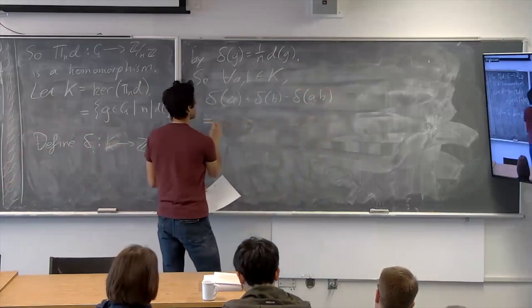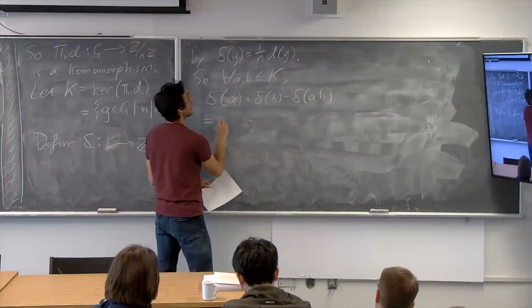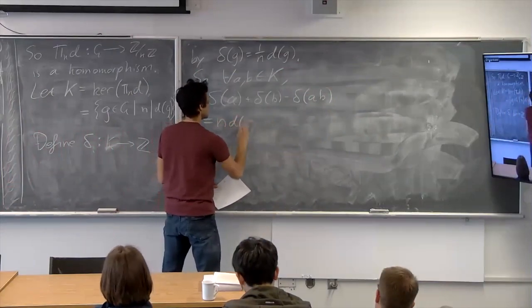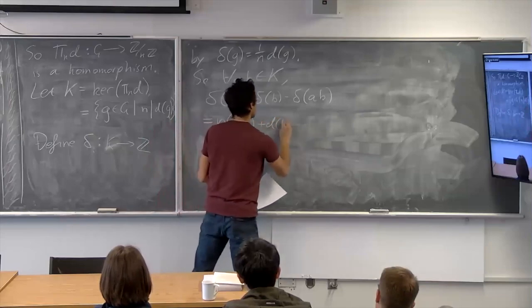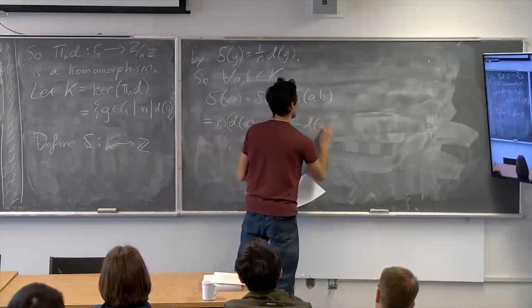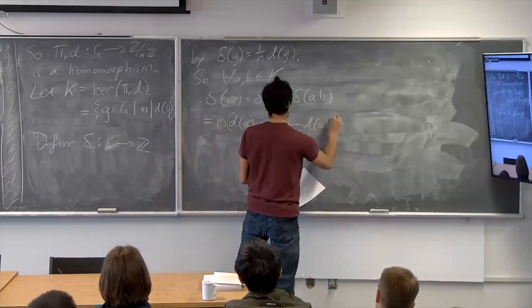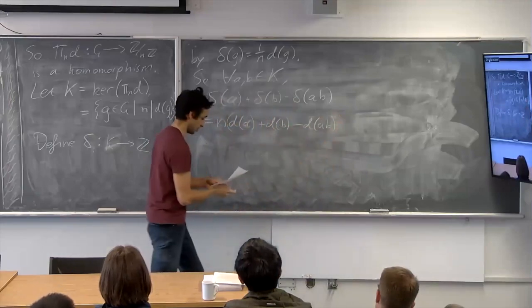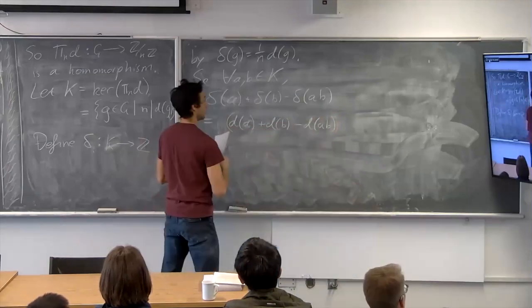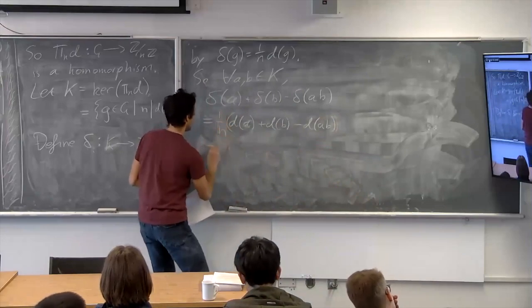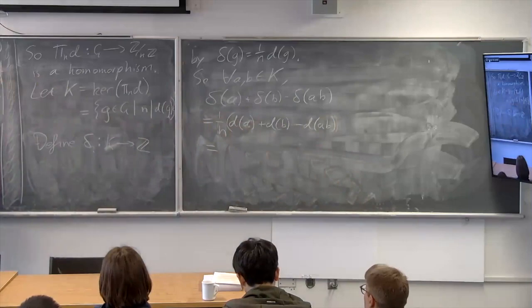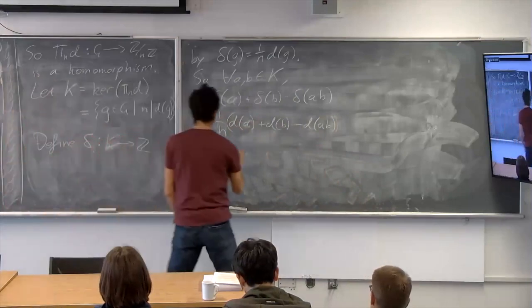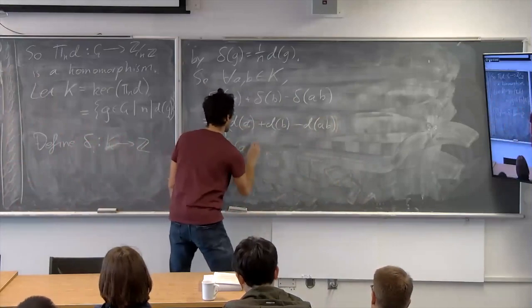This is equal to 1 over n times D of A plus D of B minus D of AB, which is n times F divided by n, which is equal to F of AB.